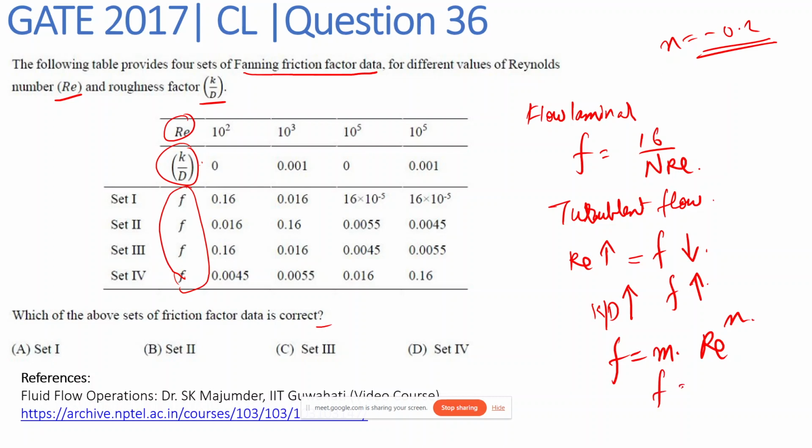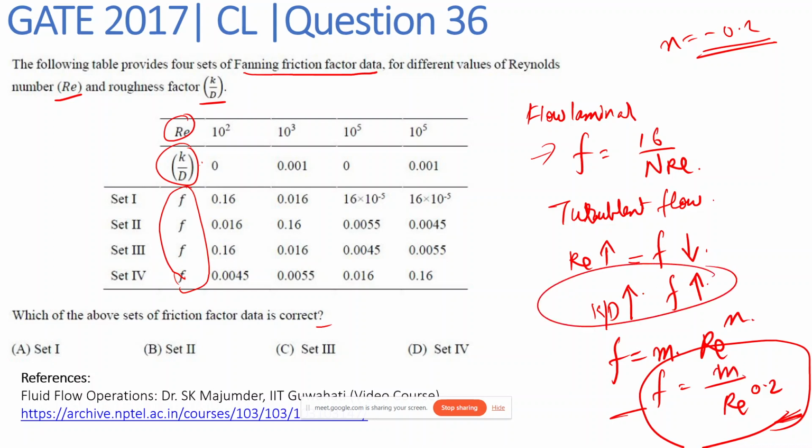That is, friction factor is equal to 1 upon Re raised to 0.2. So you can just memorize these two equations, the first one and the second one. And this is straightforward, that if roughness increases, then friction factor will be increasing. So we used all this information to reject the incorrect options from the given sets.